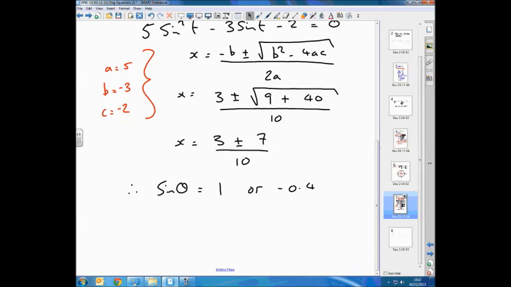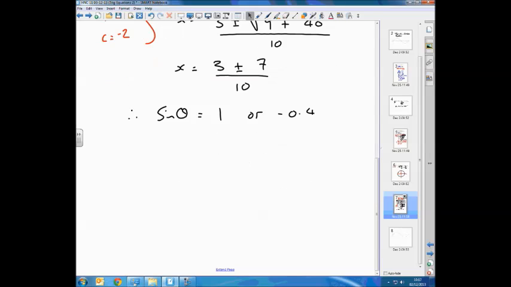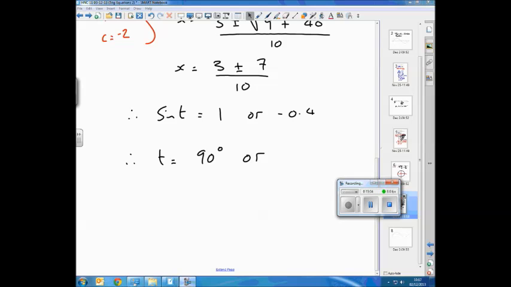So sine t equals 1 or minus 0.4. So therefore t equals sine to the minus 1 of 1, which is 90, or sine to the minus 1 of minus 0.4, which is minus 24 degrees to the nearest degree.